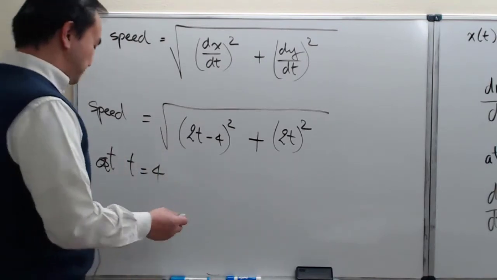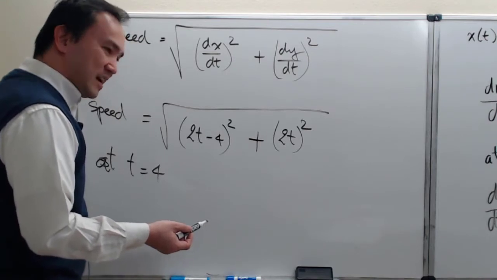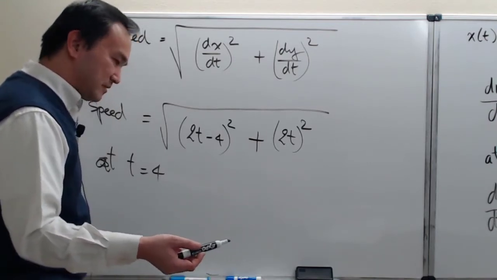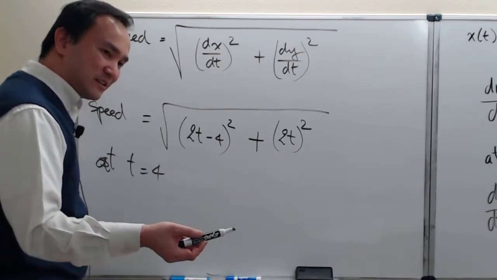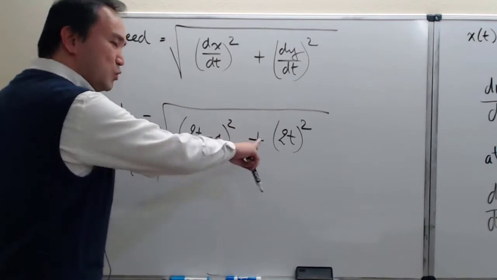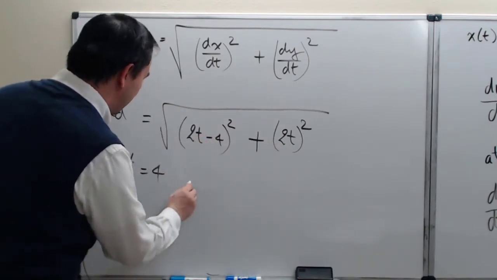Allow me to go with the way without simplification, because I understand a lot of the time, very understandably, students and viewers in general don't want to do too much algebra. So without doing too much algebra here, we can just directly substitute that in.